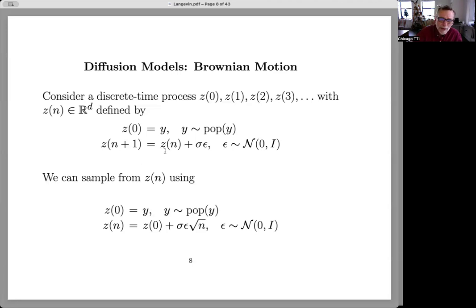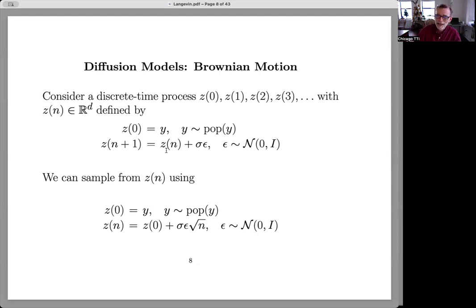Now, if I take multiple steps, I'm adding together multiple Gaussians, and the sum of 2 Gaussian values is a Gaussian value. But the variance increases linearly, and the standard deviation increases like the square root of n.